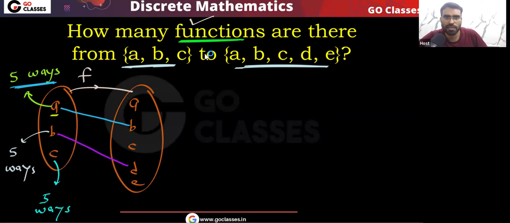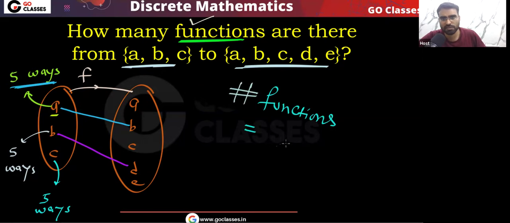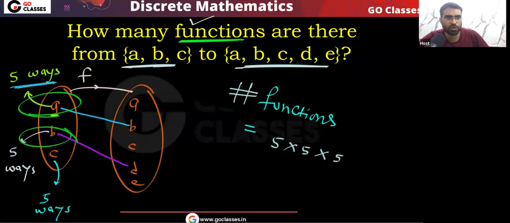So, finally, how many total functions I can create? Total number of functions. Tell me, number of functions. I'm asking what is the number of functions that will be 5 multiplied by 5 multiplied by 5. Yes or no? 5 choices for A, 5 choices for B, 5 choices for C. The answer will be 5 into 5 into 5, that is 5 power 3.